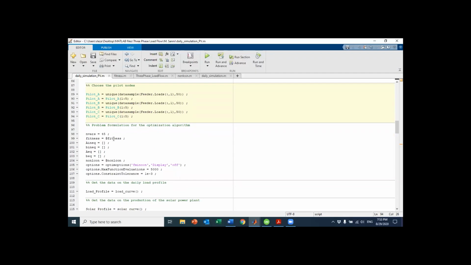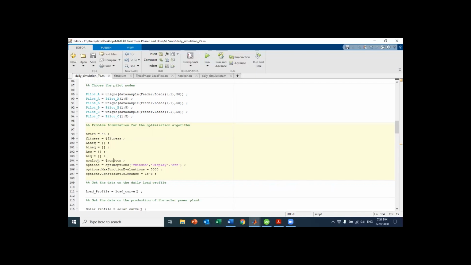So the overall number of variables is 45 because we have 15 control nodes in each phase. So this is the data we use to initiate the optimization process. Fitness is the fitness function, which we'll take a look at later. These are just some equality and inequality constraints which are not needed.